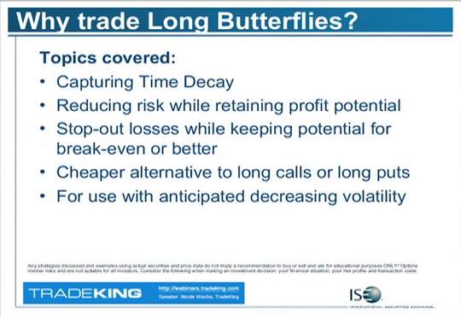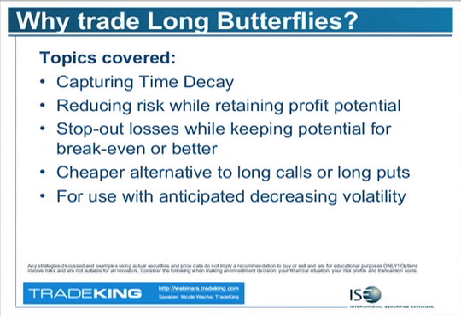Why do people trade butterfly spreads? Well, there are several reasons, and we are going to highlight 5 of them today. The main reason, though, is to capture time decay. Other reasons involve reducing risk or stopping out losses, but allowing you to remain in the position without closing out the trade.